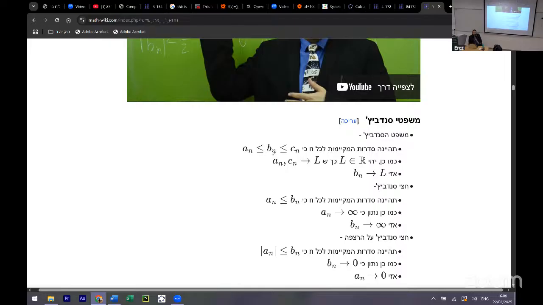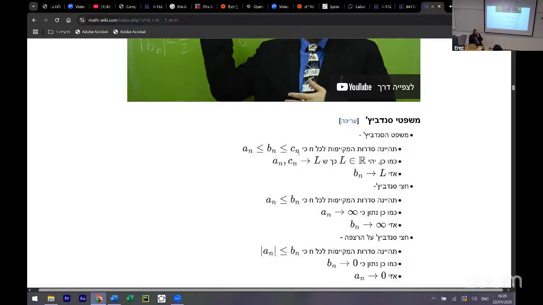The proof, I just want to say it in general, not give you the full proof. If you take any area of L, after a while, an will be there. After another while, cn will be there. But because bn is between the two, it must be in the area as well. That's the essence of the proof.